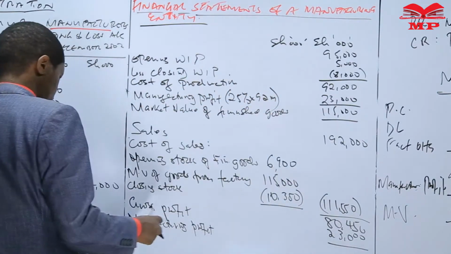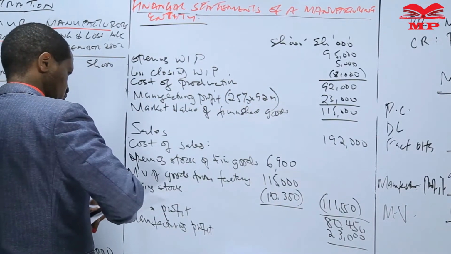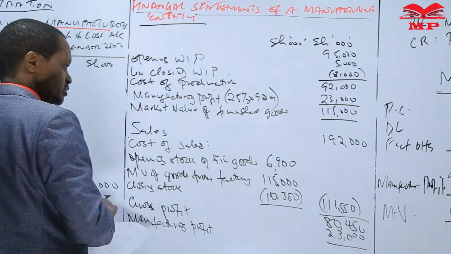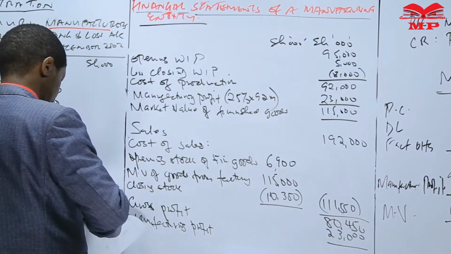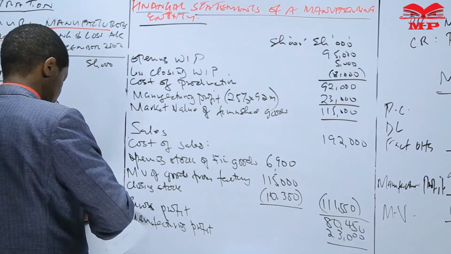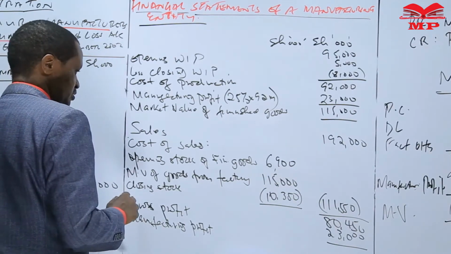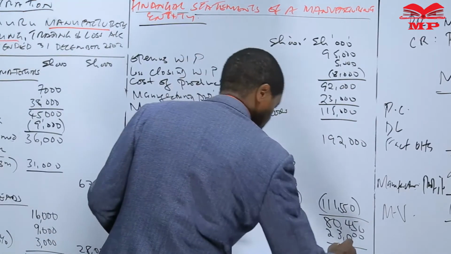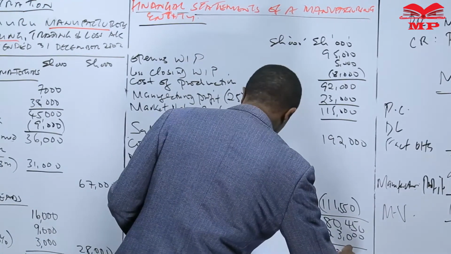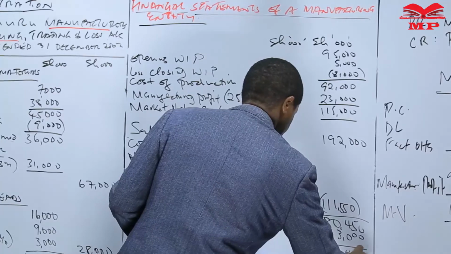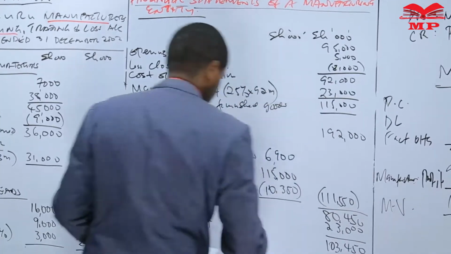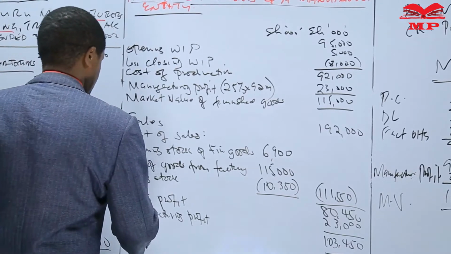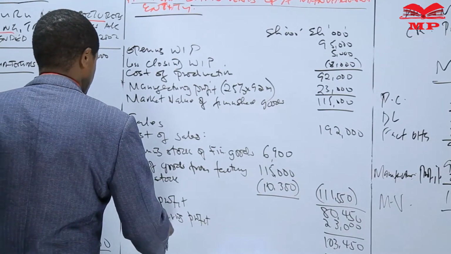So this is 80,450 plus 23 million. The total income here is 103,450. 103,450 is the total income.